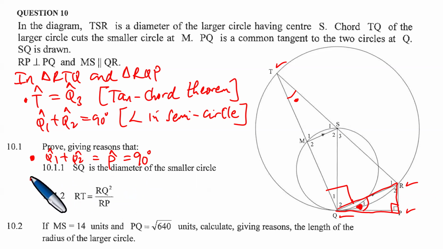Now, the triangle RTQ has R1, and the triangle RQP has R2. Because we already have two pairs of angles that are equal, it means the remaining angles in triangle RTQ and triangle RQP, R1 equals R2.